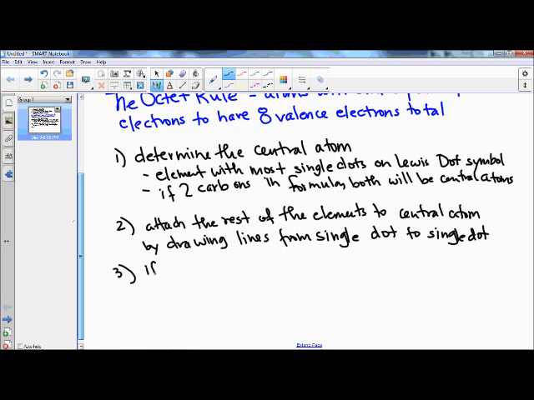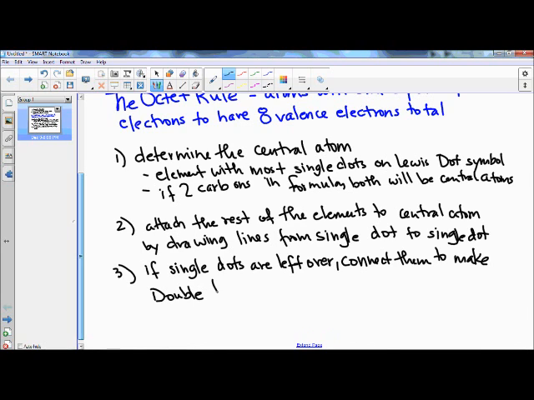Okay, and lastly, if single dots are left over, connect them to make what are called double bonds. That's 2 pairs being shared, or triple bonds. That's 3 pairs being shared. Okay, so these are the rules. Let's look at some examples.